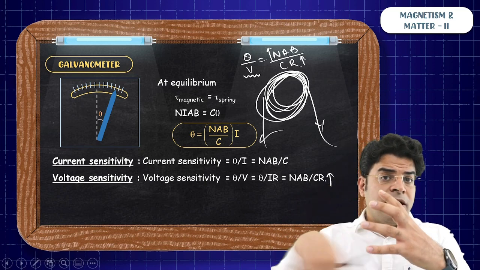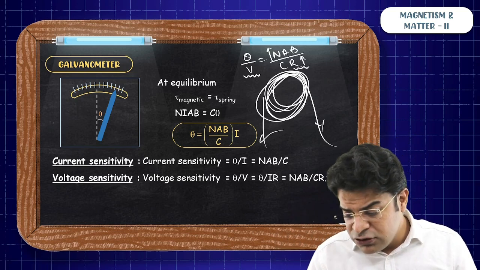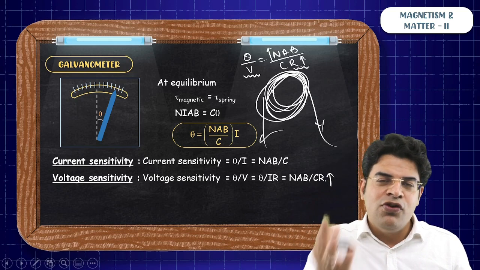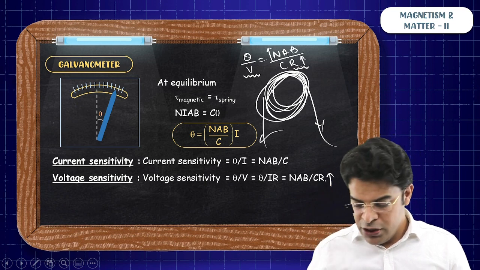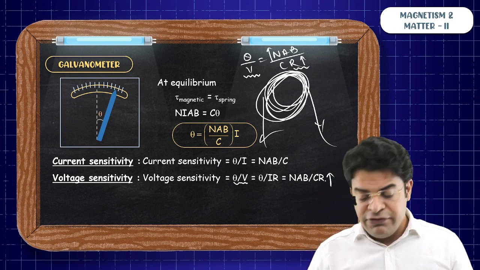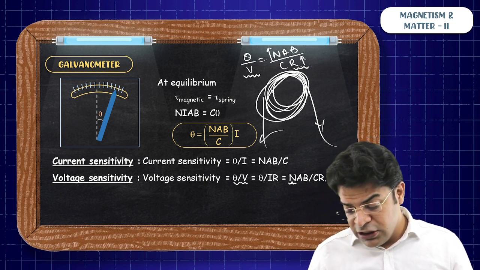If the number of turns becomes triple, then the resistance of the coil becomes 3 times, and again the voltage sensitivity ends up being the same. So understand that voltage sensitivity can't be changed by changing the number of turns.